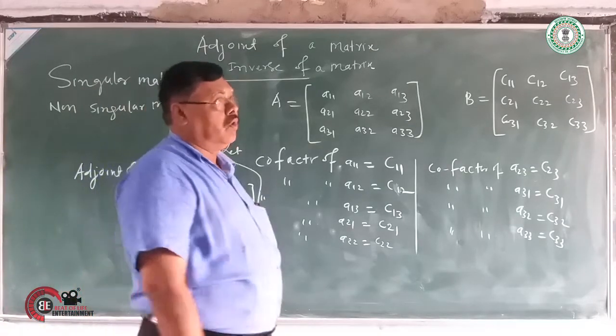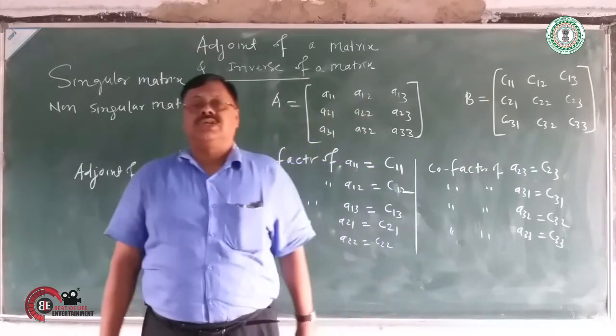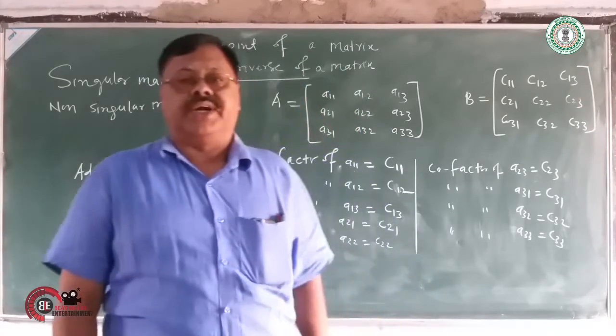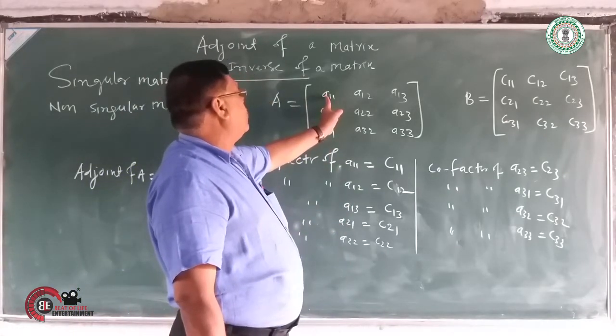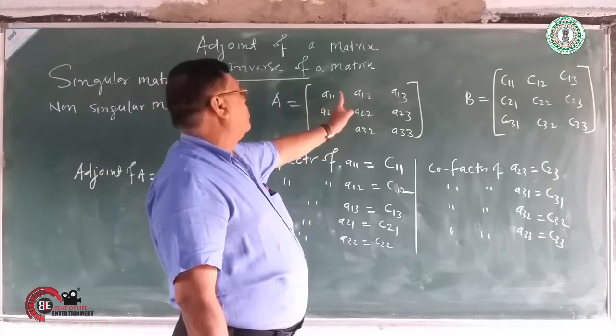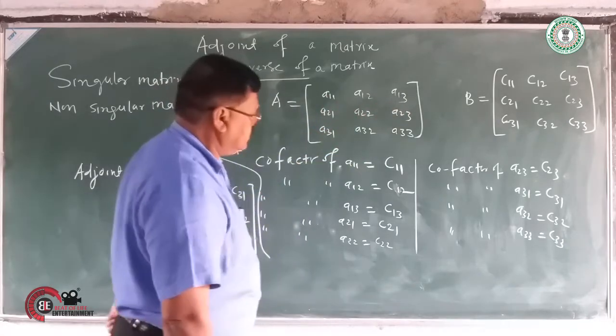So first of all, to find the adjoint of a matrix, student, first we find the corresponding cofactors of the elements.